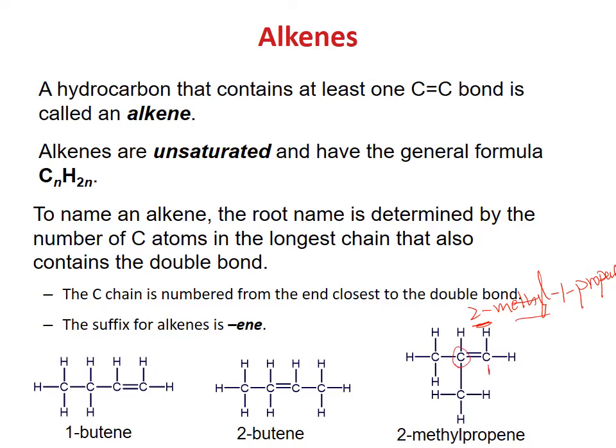So this is 1, this is 2, and the 1 here tells you the double bond is at the number 1 carbon. So 2-methyl-1-propene. Now, as we mentioned, if the double bond is at the number 1 carbon, this 1 can be omitted, and therefore we can simply say 2-methylpropene.